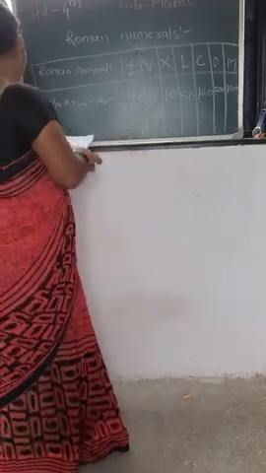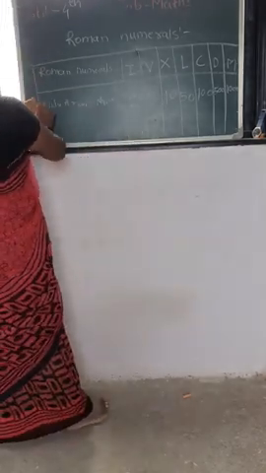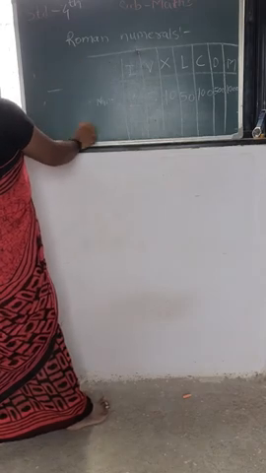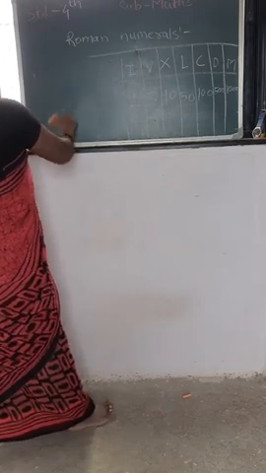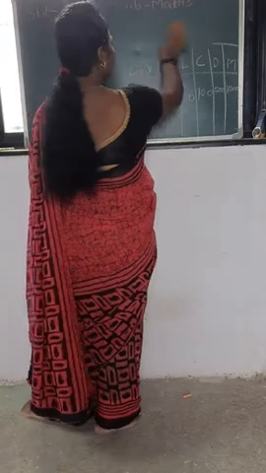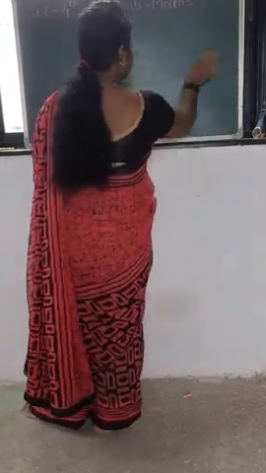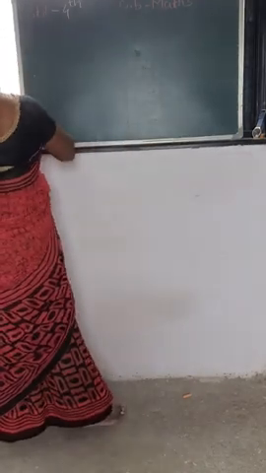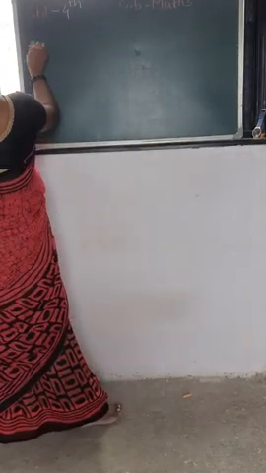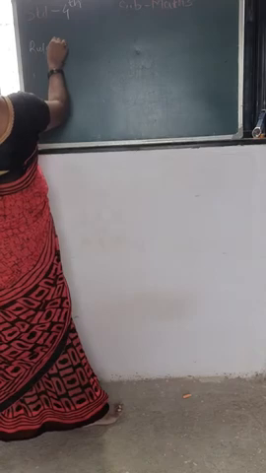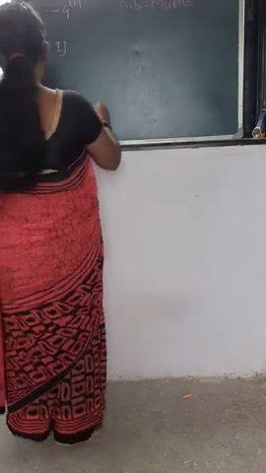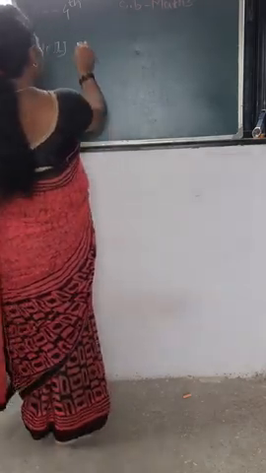Then, we have given 4 rules. The first rule is repetition of numerals.